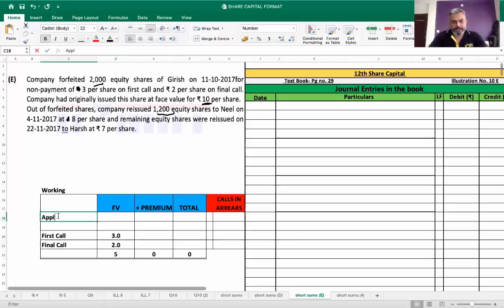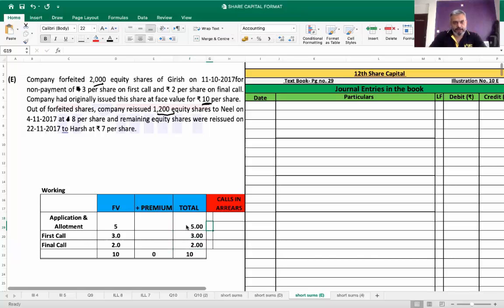It means application and allotment total, I'll merge them, is rupees 5 per share. So here there is no premium, so the premium column is not required. Okay, you can just write for the sake of writing, and 2, total 10.